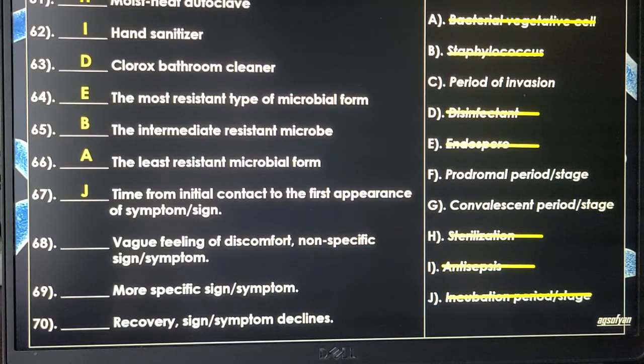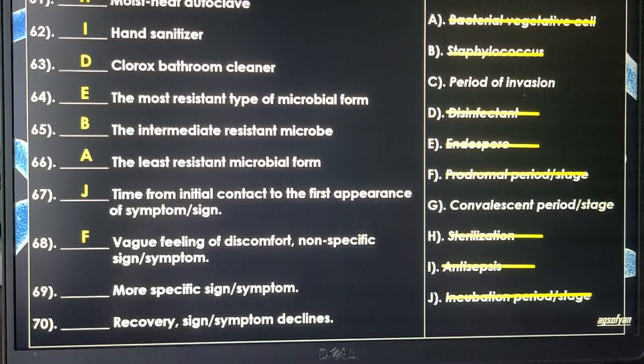Find your answer. Yes, this is what we call the prodromal period or stage. Usually the symptoms are very general, like flu-like symptoms, fever, et cetera. So this is the stage of prodromal, F. We cross that answer.